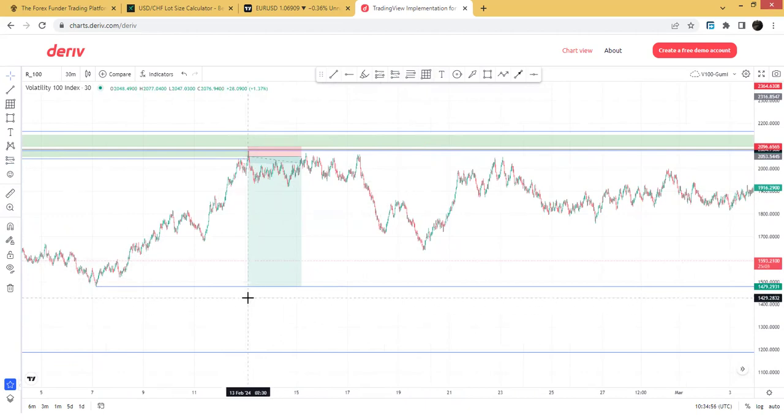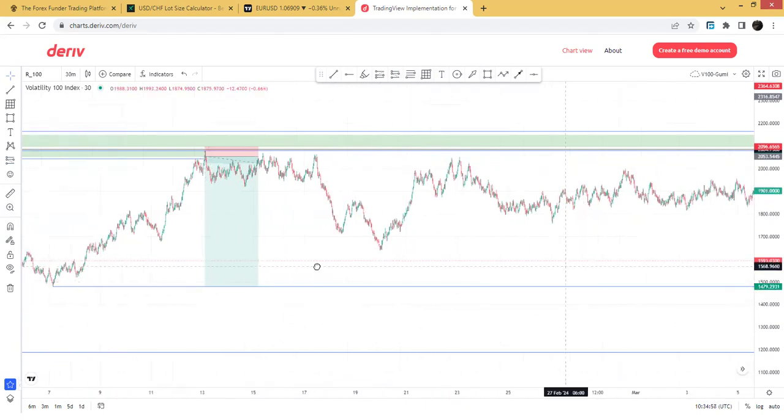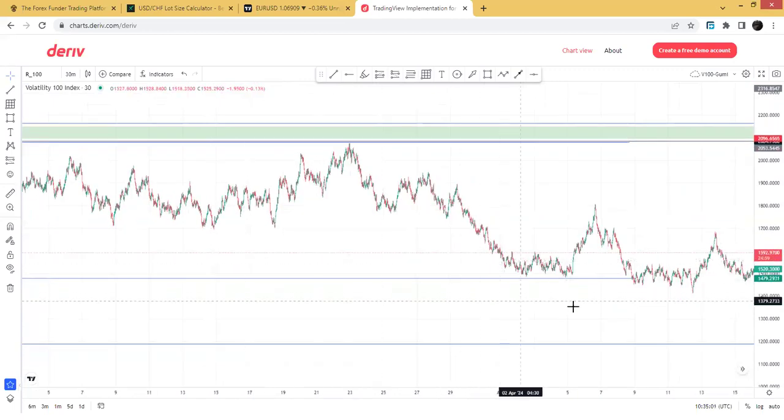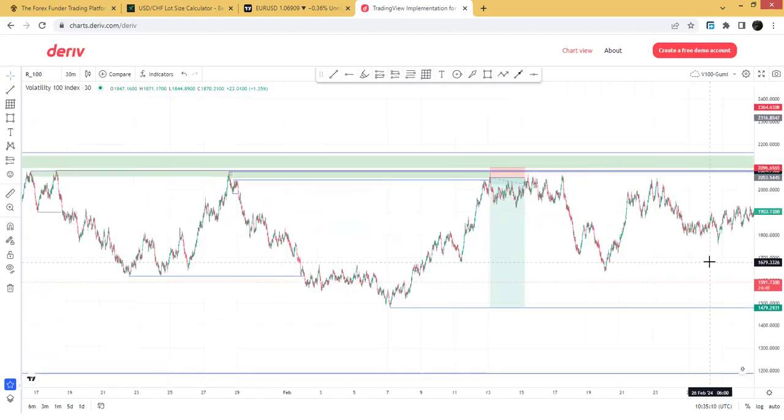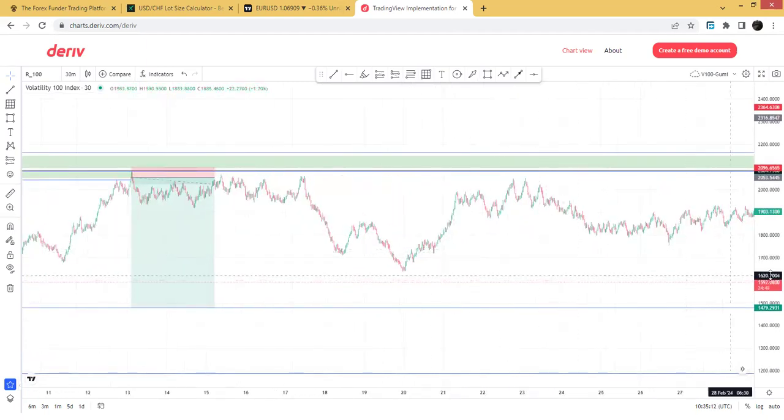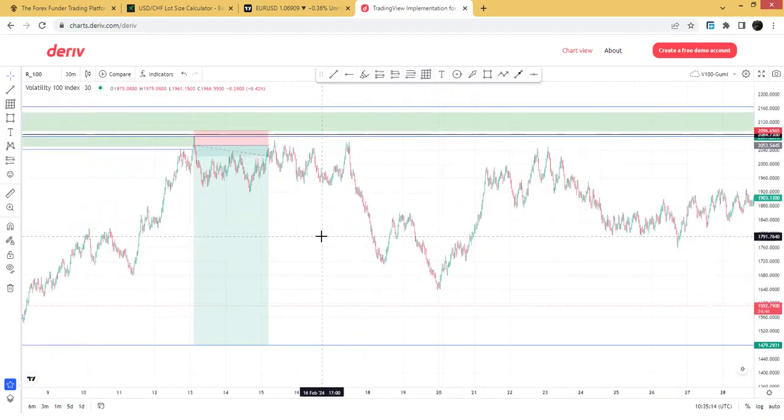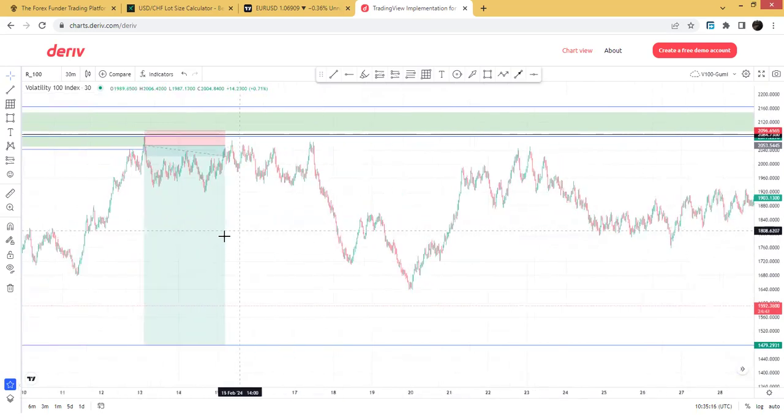Because holding this trade from 13th of February to 4th of April, can you hold it? You can't, right? But you know the overall direction of the market. You know it's bearish. So you could have taken maybe partials at this level here, this swing low.